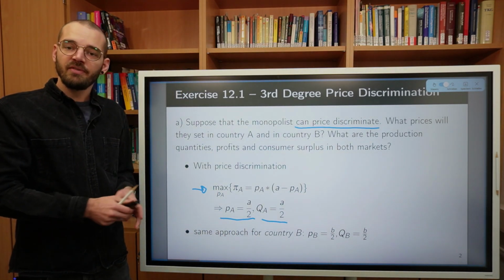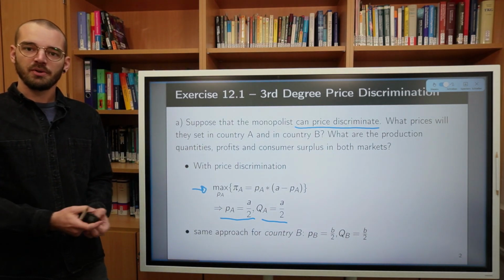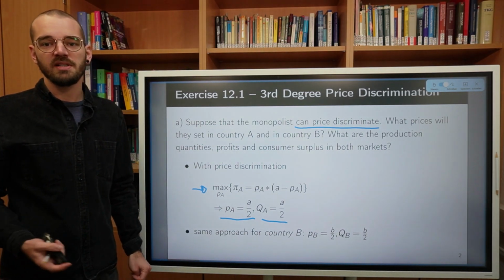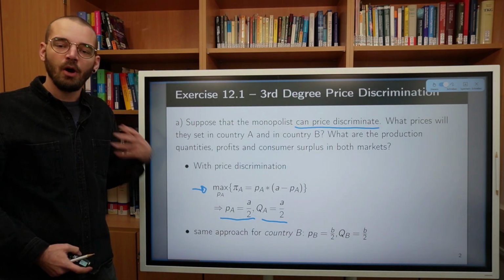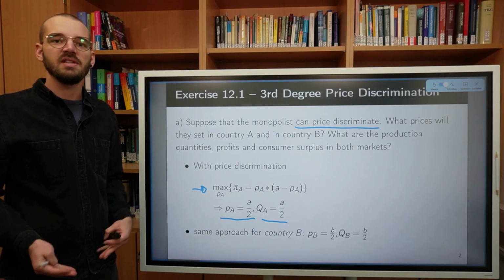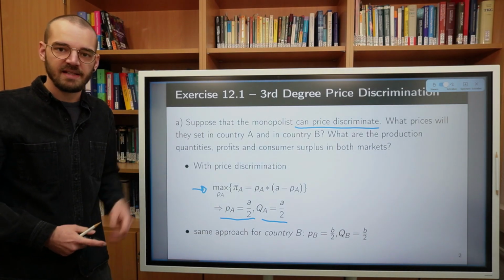Now we have the profit maximizing price and quantity for market A, and of course, if we want to find out the profit maximizing price and quantity for market B, we're doing the exact same strategy. Only difference being that, of course, we now consider the demand function for market B as stated in the exercise.